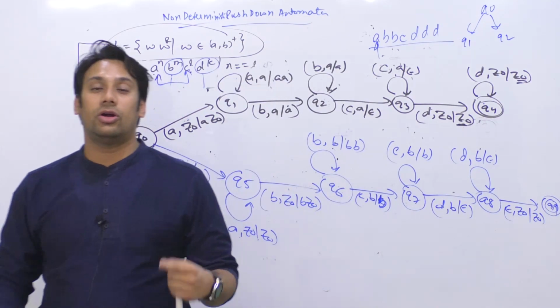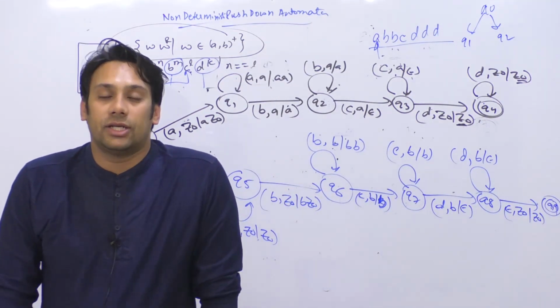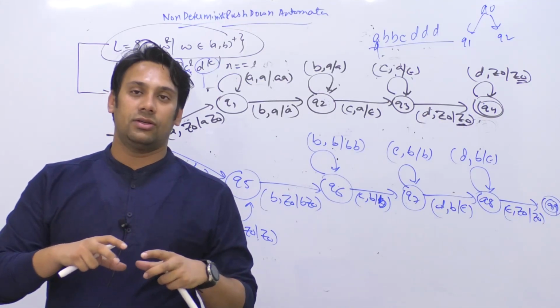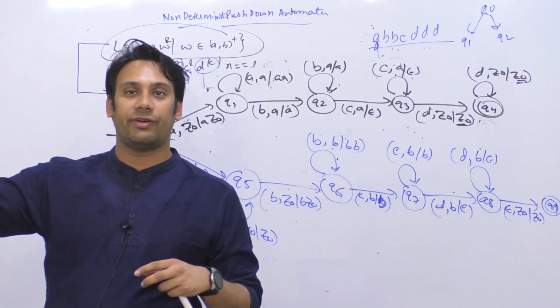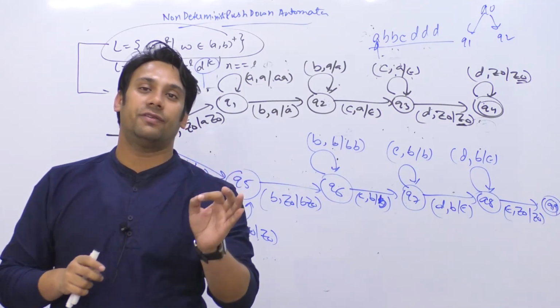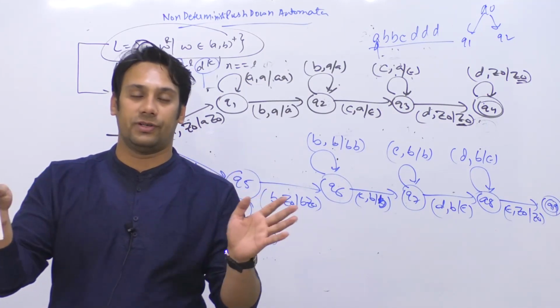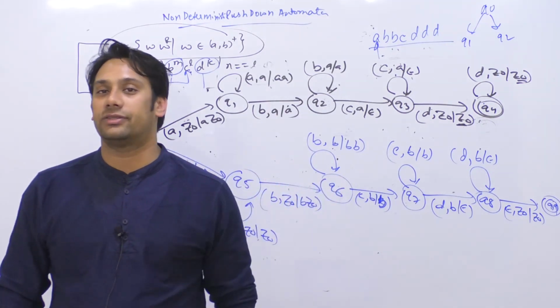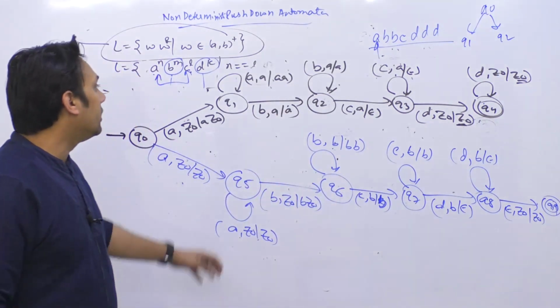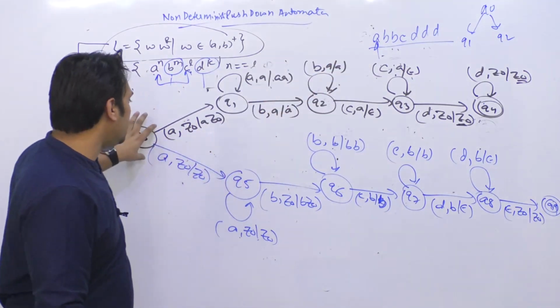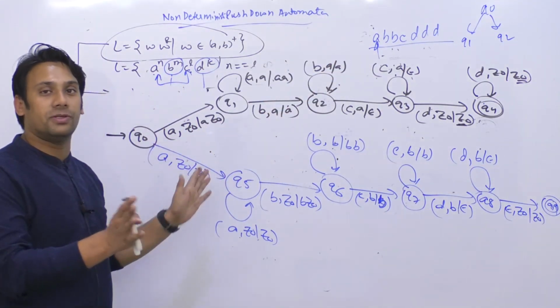In a non-deterministic finite automata, by giving the same string, it will make different copies of itself. And if any one of these copies leads to a final state, we say that string is accepted. In this case also, when you give this string to this pushdown automata, it makes two different copies of itself.